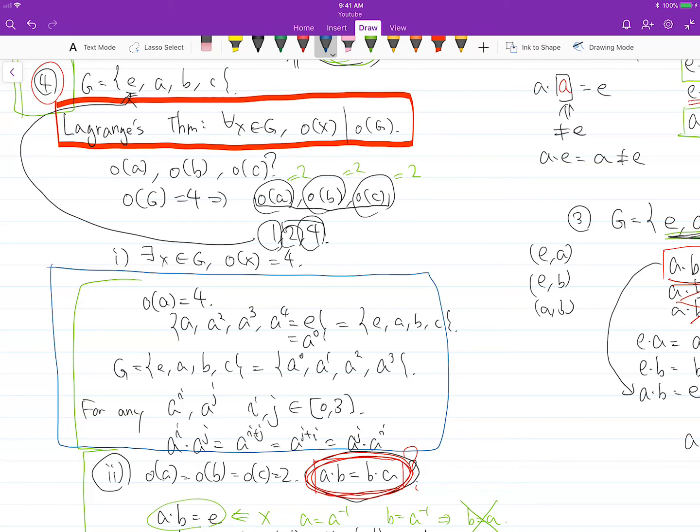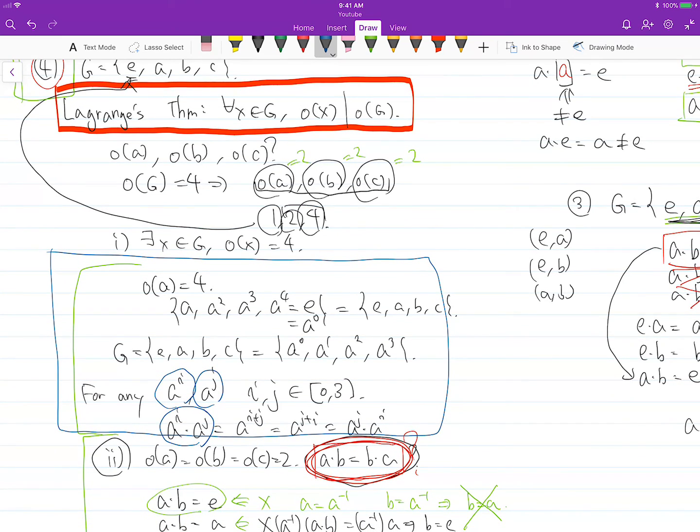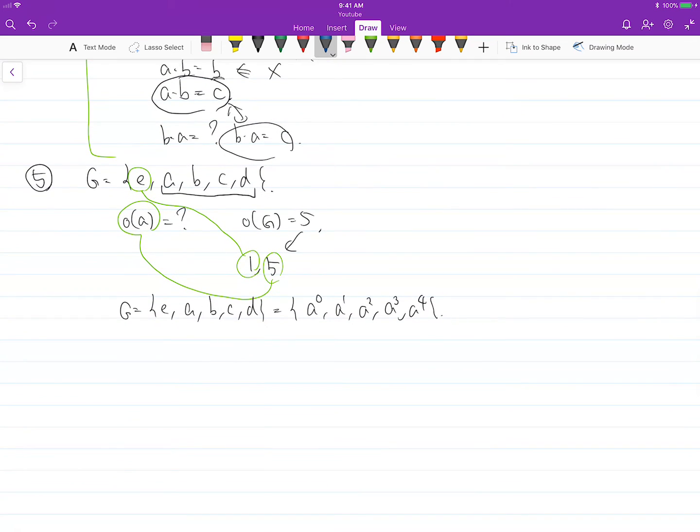Since every element can be written as A^i and A^j, A^i times A^j equals A^(i+j), which is A^(j+i), which is A^j times A^i. The exact same argument can be applied here: for all A^i, A^j in G, A^i A^j equals A^j A^i, which effectively proves that for every pair of elements in G, the order of multiplication doesn't matter.